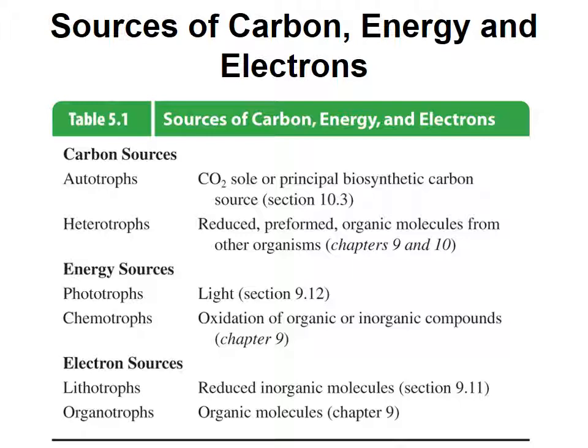Now let's move on to electron source. Are humans lithotrophs or organotrophs? They obviously obtain electrons from organic molecules, so humans are classified as organotrophs. So far in the name we have chemo, organo.